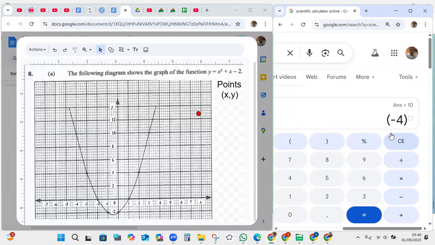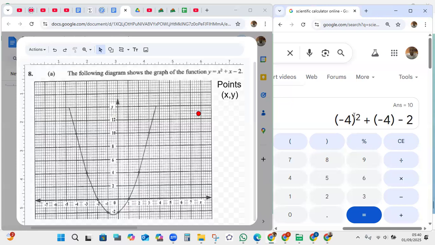So -4 squared, all right? That's -4 times -4, okay? Plus, you open a bracket and you put -4 and you close the bracket and then you subtract 2. So I repeat, -4 squared is -4 times -4. Please pause the video and write this down.